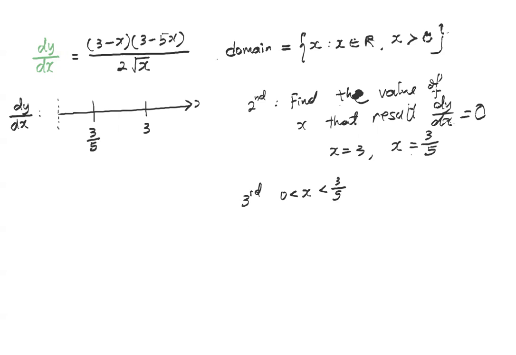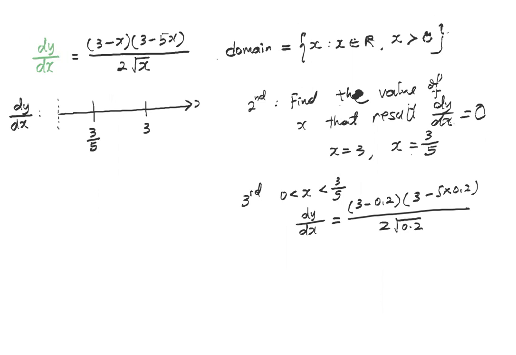So I choose a number less than 0.6. So 0.2, up to you. I put there (3 - 0.2)(3 - 5 times 0.2) divided by 2 square root of 0.2.